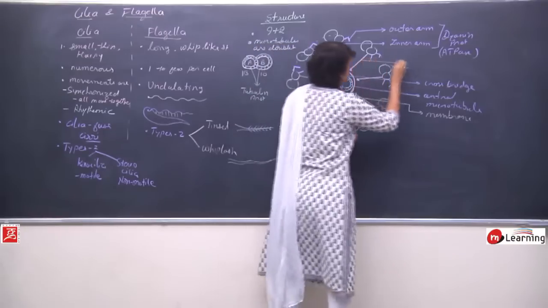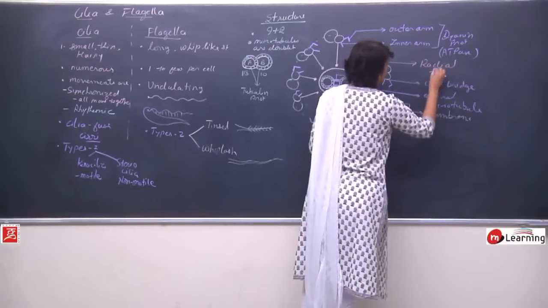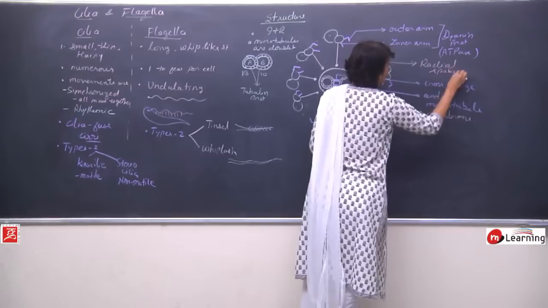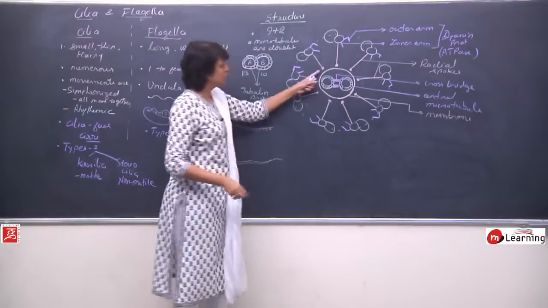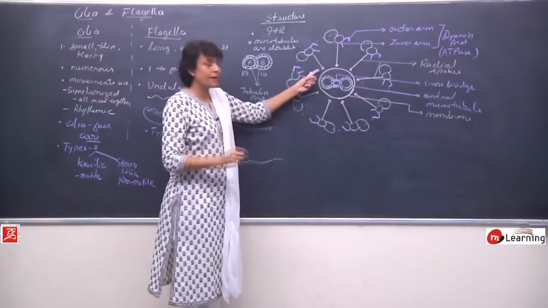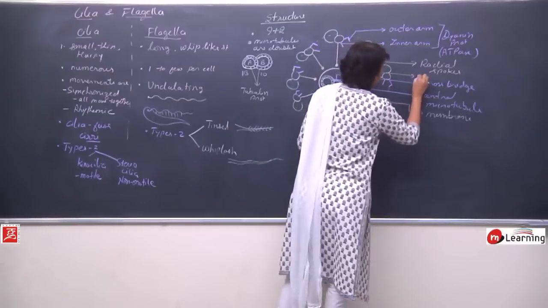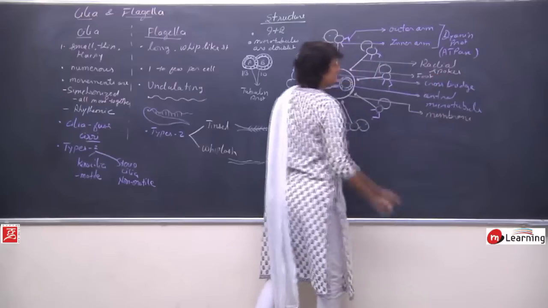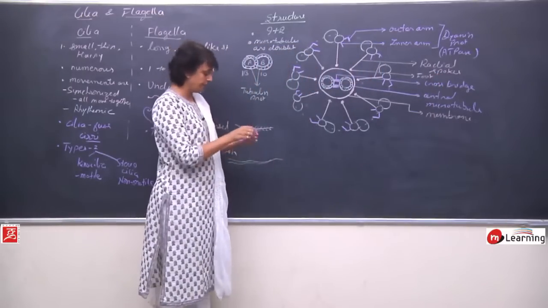So, these are radial spokes and the swollen structure which we find at the base of each radial spoke is known as a foot, which is just a swelling of the protein.